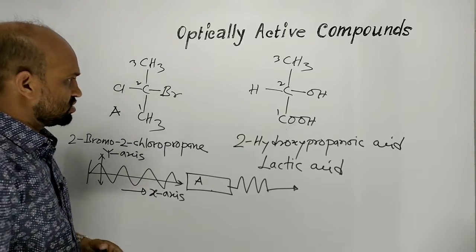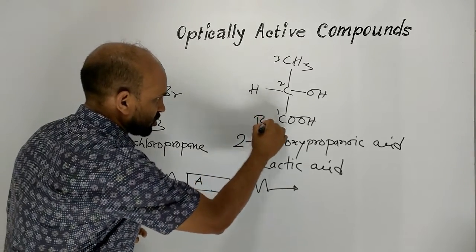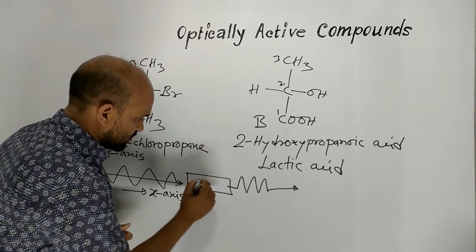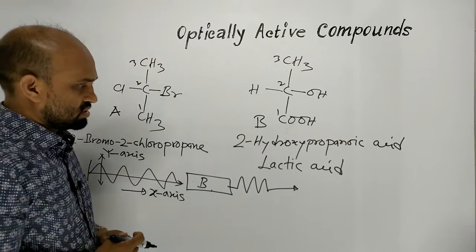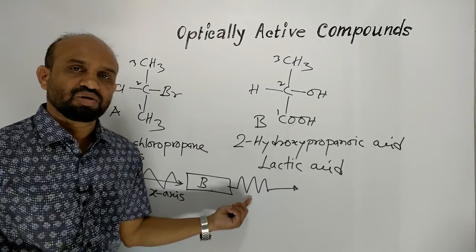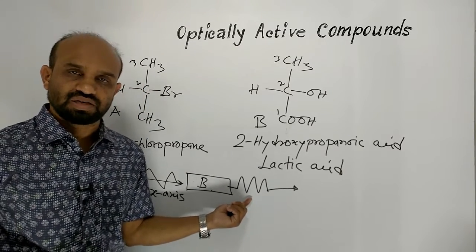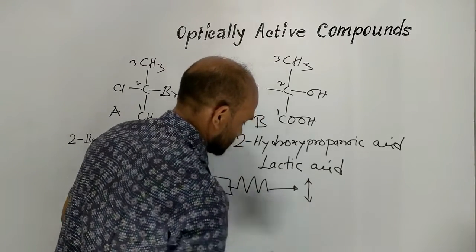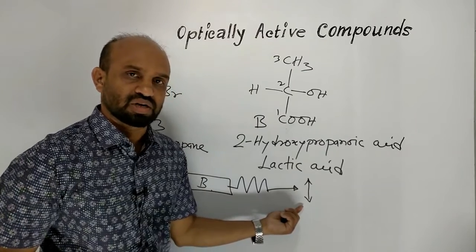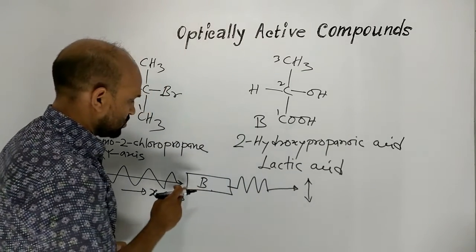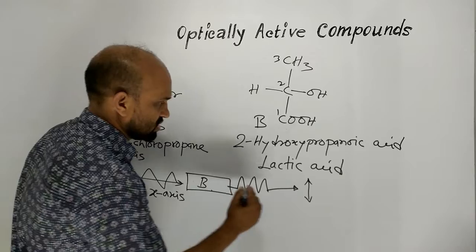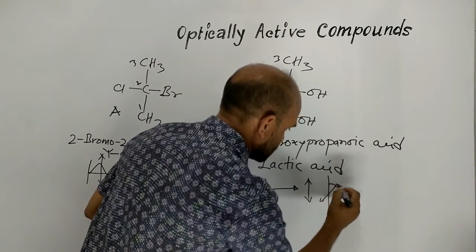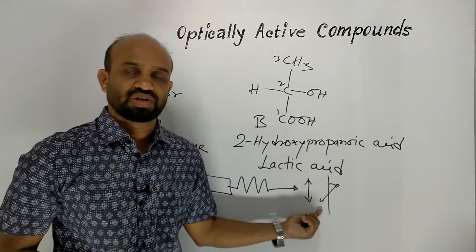But when compound B is taken in place of A, then the plane of the polarized light is changed in this way. When the plane polarized light is passing through B, it is changed with a specific angle.